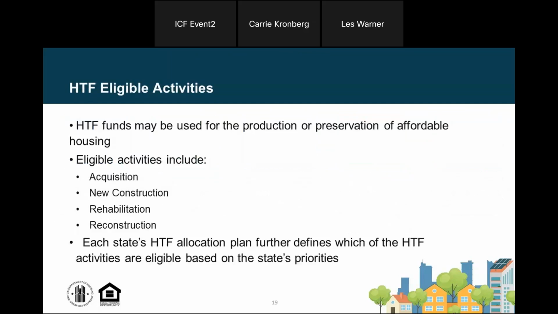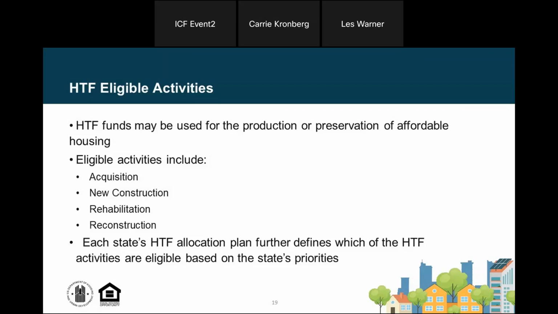So let's talk a little bit about the Housing Trust Fund requirements and what is eligible. The trust funds are being used to either produce decent affordable housing or preserve affordable housing units. And so eligible activities would include acquisition of existing properties. It could be new construction, rehabilitation.